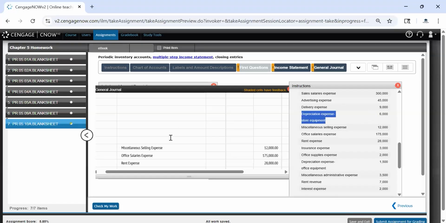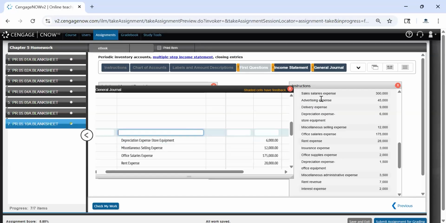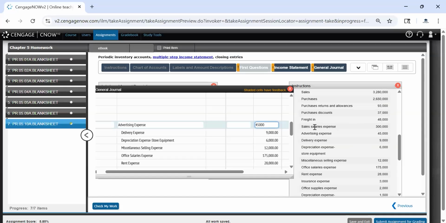Depreciation expense on store equipment, $6,000. Delivery expense, $9,000. Advertising, $45,000. And sales salaries for $300,000.